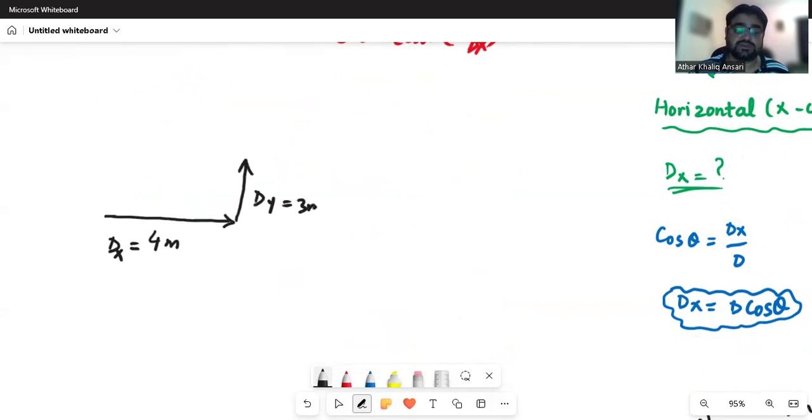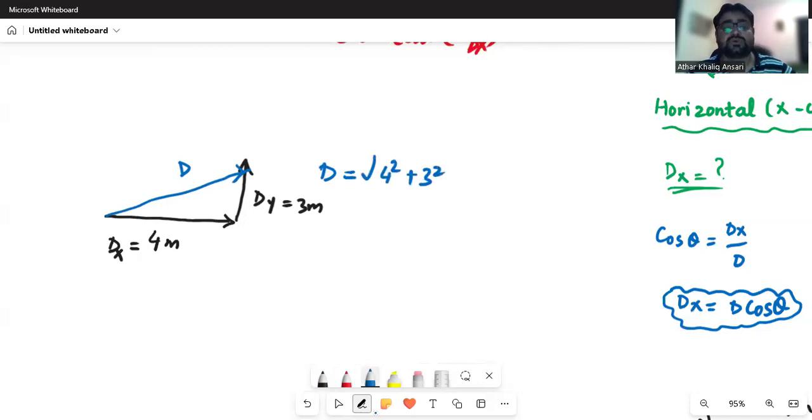Now how much displacement did you cover? To know the displacement, you will use d equal to the square root of 4 square plus 3 square. So this will be 16 plus 9, 25, that is 5 meter. So now this is d.